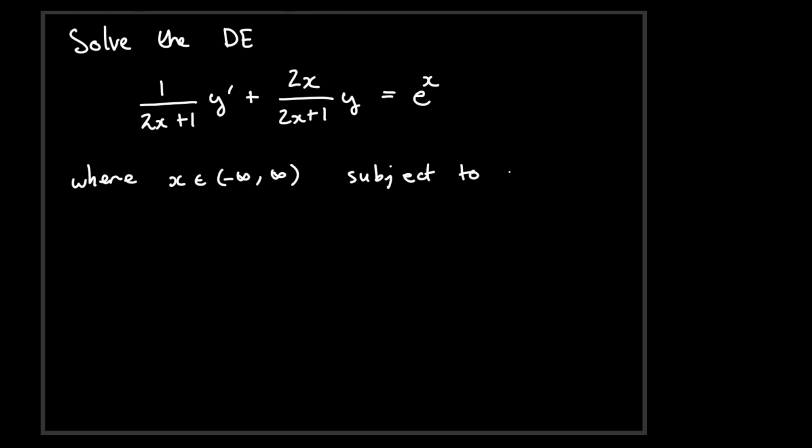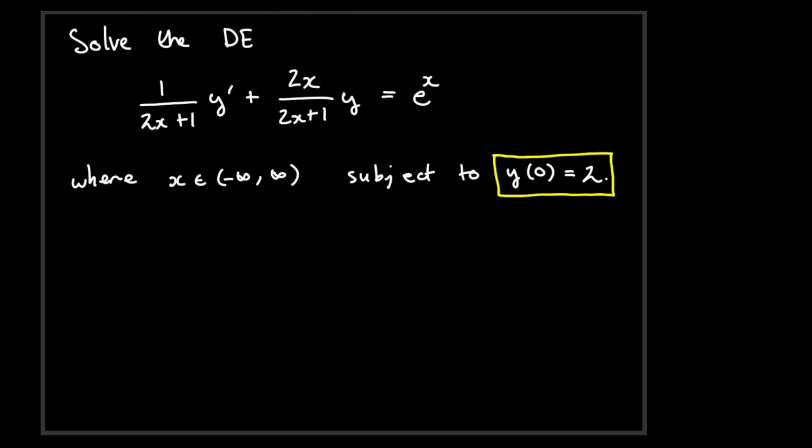The initial conditions are always of this form. We give you some number, in this case it's going to be 0, and we tell you what y should be equal to. So y of 0 we want to be equal to 2. Just to be clear again, this is called an initial value. It tells you what the function's value is at a certain point, and therefore is an initial value.